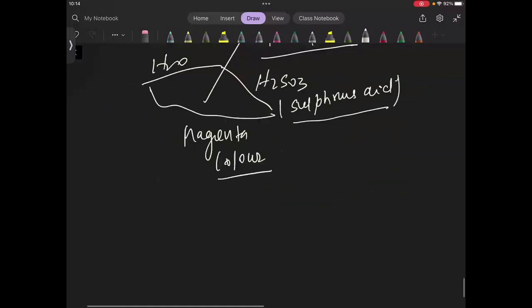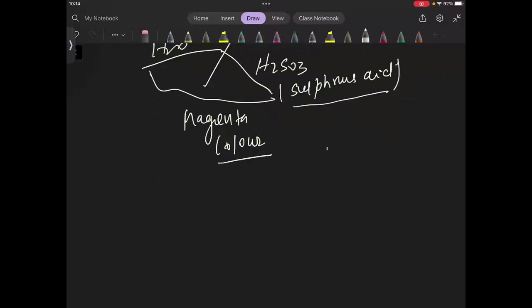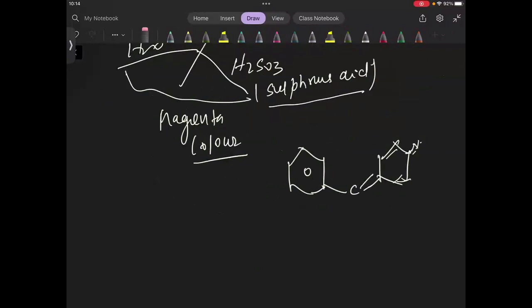Just to see what the Schiff reagent is, I write the structure here, with C double bond, N double bond and HCl. This is the Schiff reagent.